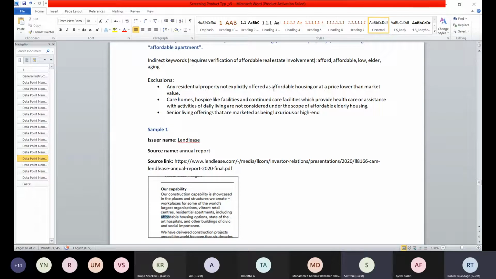The prices of the real estate property should be lower than the market value. If they are not saying it is affordable, or they are not providing a lower price than the market value, then we have to mark it as no. So these are some exclusions, in which case we have to mark it as no.